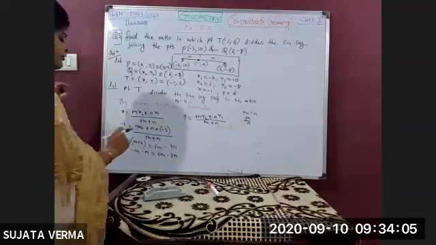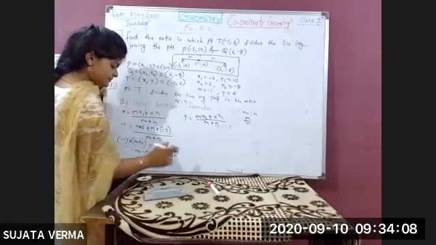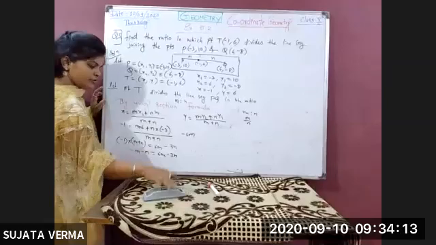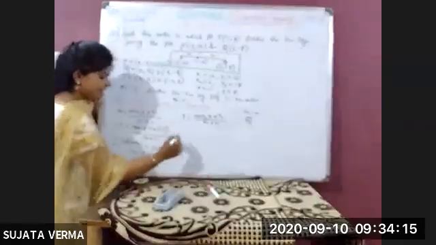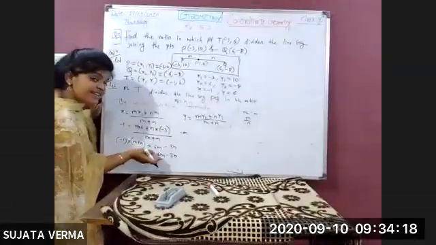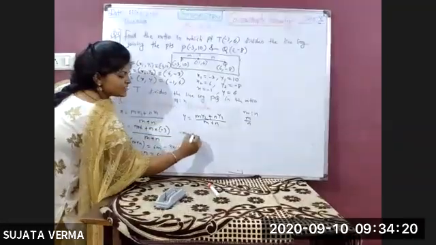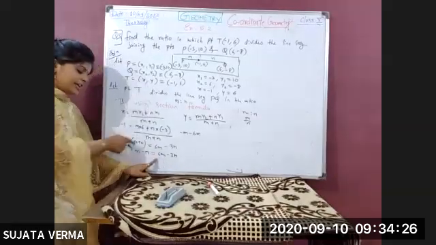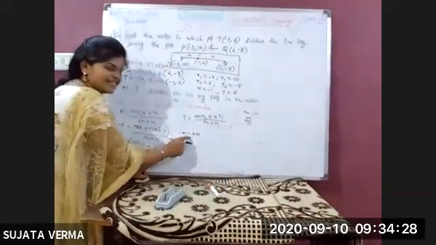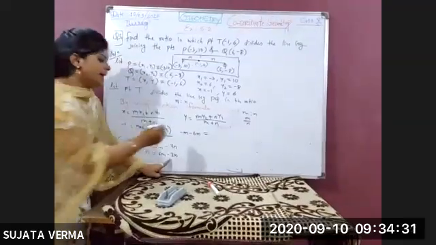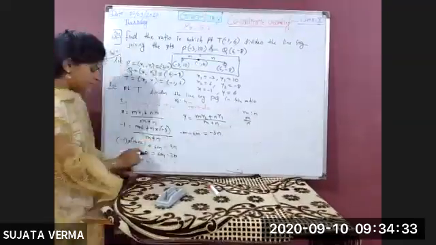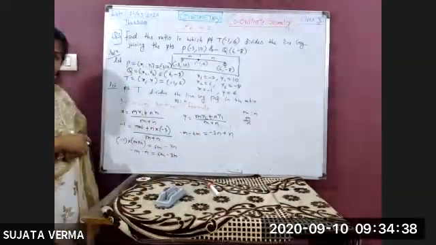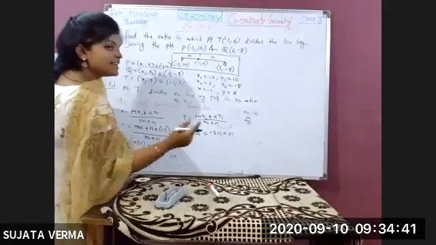Clear? Now, solve it. When we take 6M to the left-hand side, we get -6M. And here, -3N. This -N becomes plus N when we take it to the right side. Clear now? Minus gets plus.